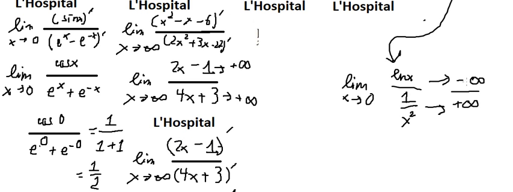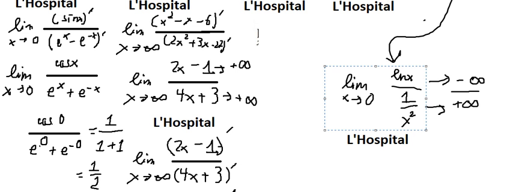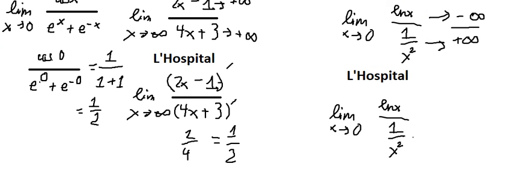So in this situation, negative infinity divided by positive infinity, you will use L'Hospital. So that means we need to take the first derivative of the numerator and denominator.